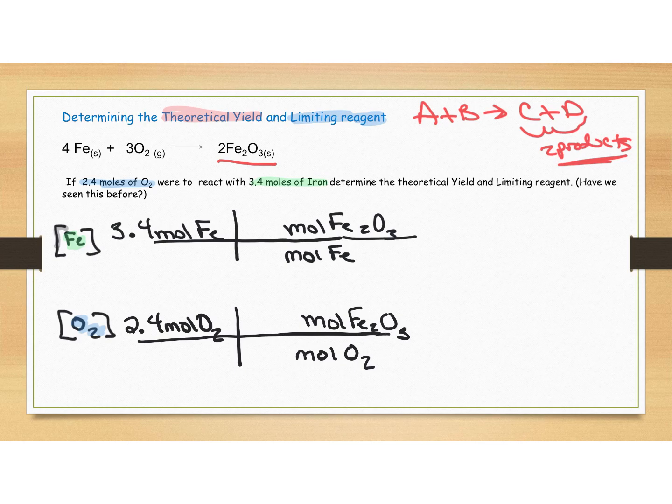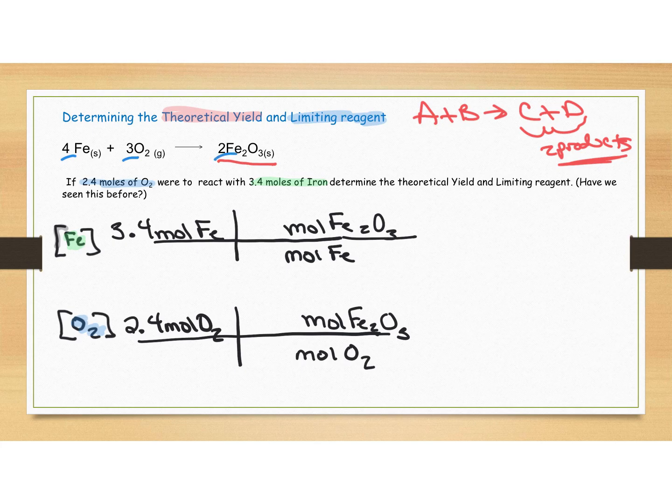Where did we get those numbers? We have to look at the coefficients. What are the numbers out in front of everything? I have a 4 in front of the iron. I have a 3 in front of the oxygen and a 2 in front of the iron 3 oxide.